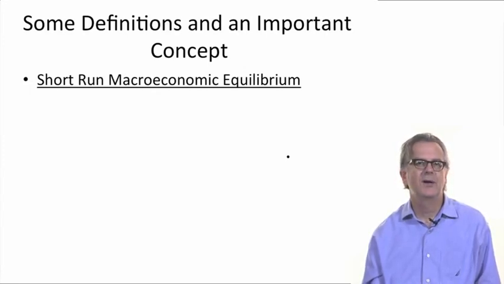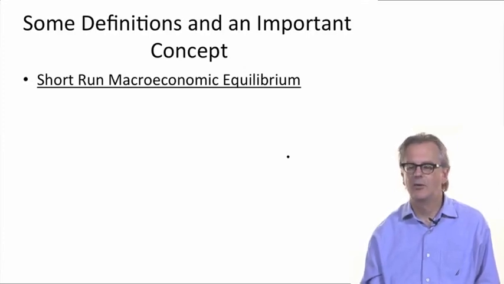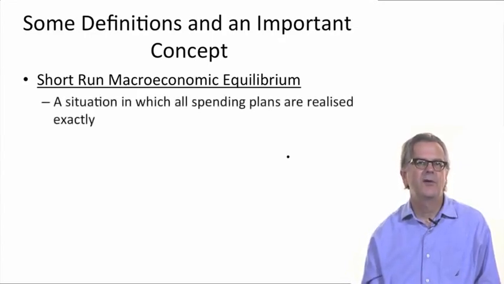And so we need a different way of thinking about what we mean by an equilibrium. Remember, in very, very general terms, an equilibrium is when the economy is at rest. But what would that look like in a macroeconomic context? Well, we're going to define equilibrium to be a situation where all of those spending plans are realised exactly.